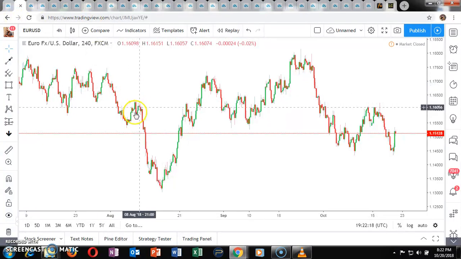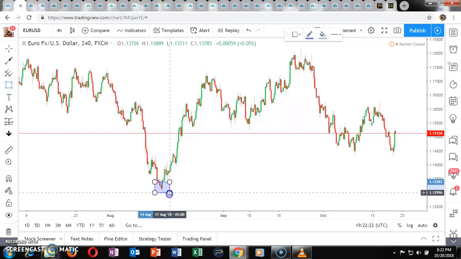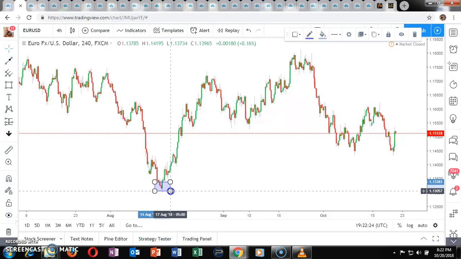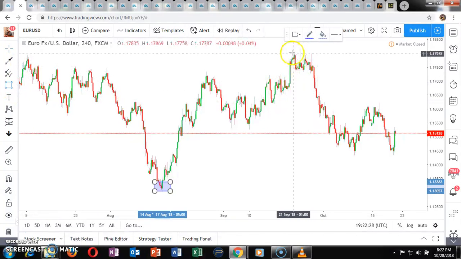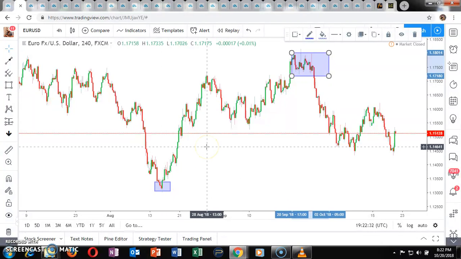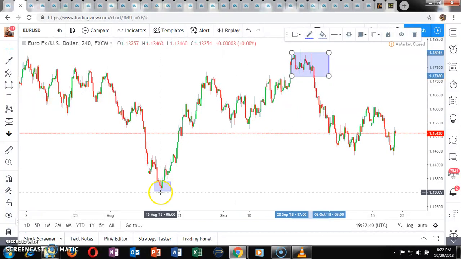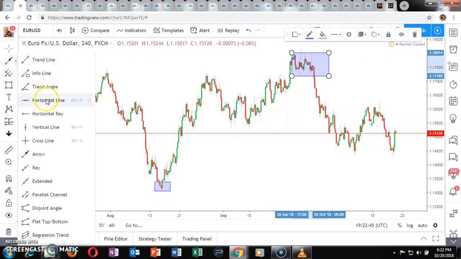First of all, I'm going to take this rectangle and mark this point here, and then I'll take the rectangle and mark this point here. So now, if you were to enter a trade, the best place to enter a buy is down here at this point.